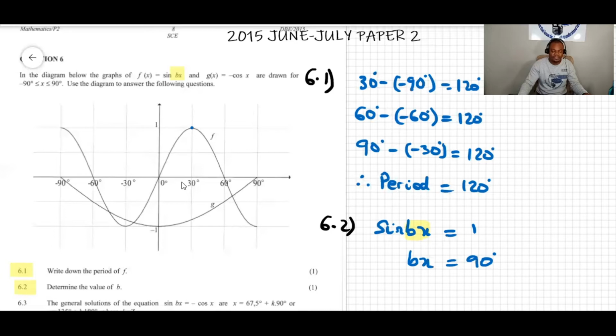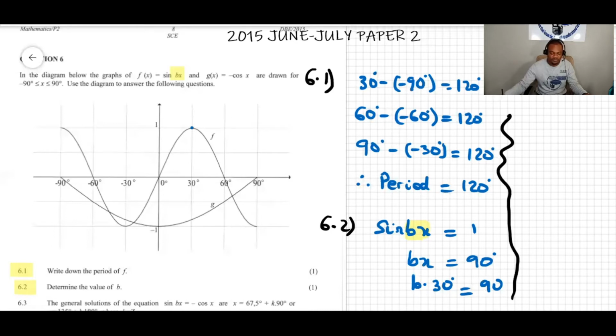Now let's look at the value of x for which this happens. If we look at the diagram, it is when x is equal to 30 degrees. So we have b times 30 degrees equal to 90 degrees. Therefore, b will be equal to 3, because 3 times 30 degrees equals 90 degrees.